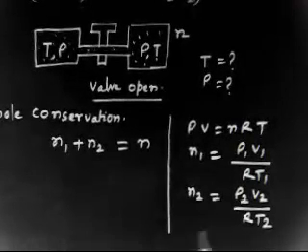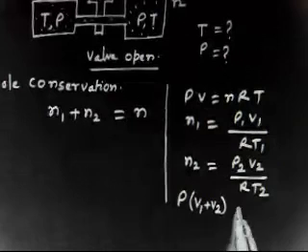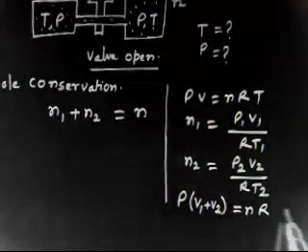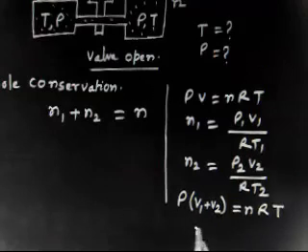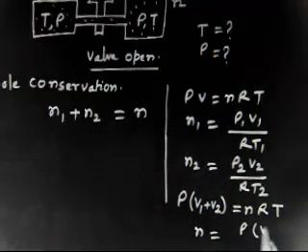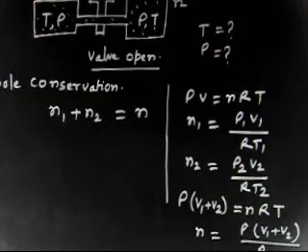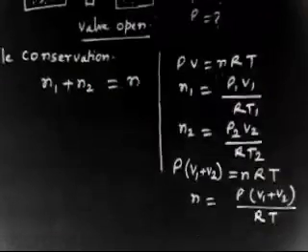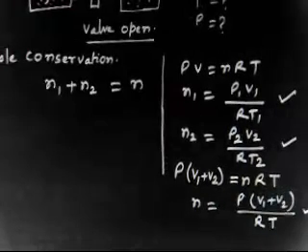Now for N1 plus N2, that is N, the pressure is P, volume is V1 plus V2, gas constant is R and temperature is T. So N will be P into V1 plus V2 divided by RT. Are you getting? Now these are the three equations.